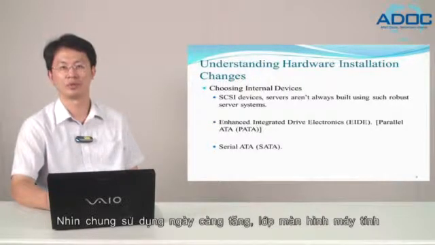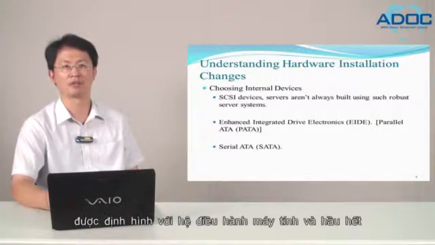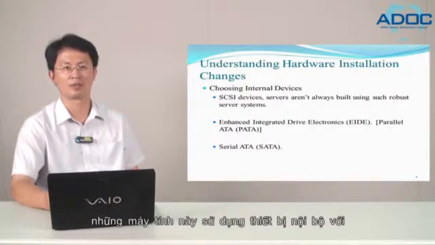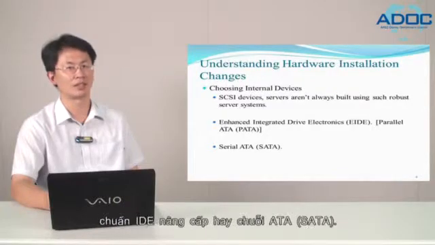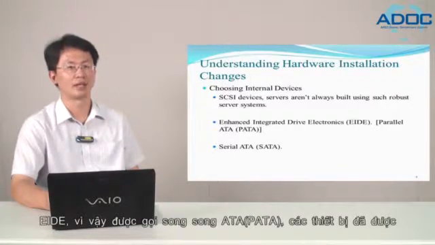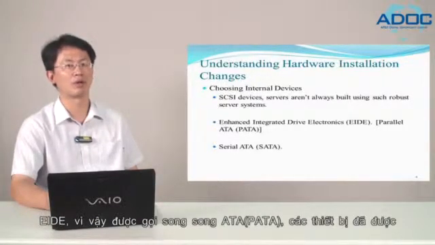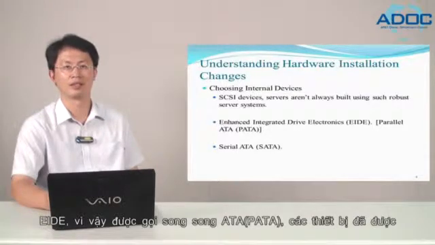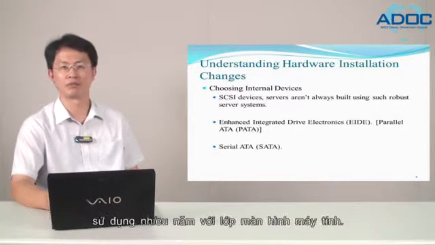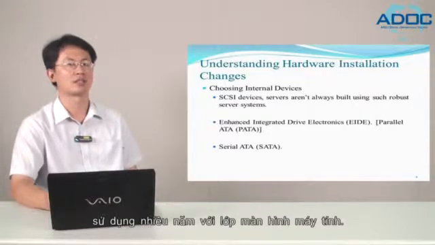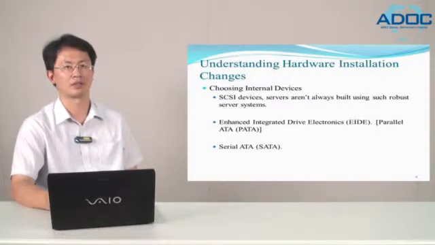Increasingly, for general use, desktop-class computers are being configured with server operating systems, and most of these computers use internal devices with enhanced integrated drive electronics, EIDE, or serial ATA. EIDE, also called parallel ATA, PATA, devices have been used for many years with desktop-class computers.